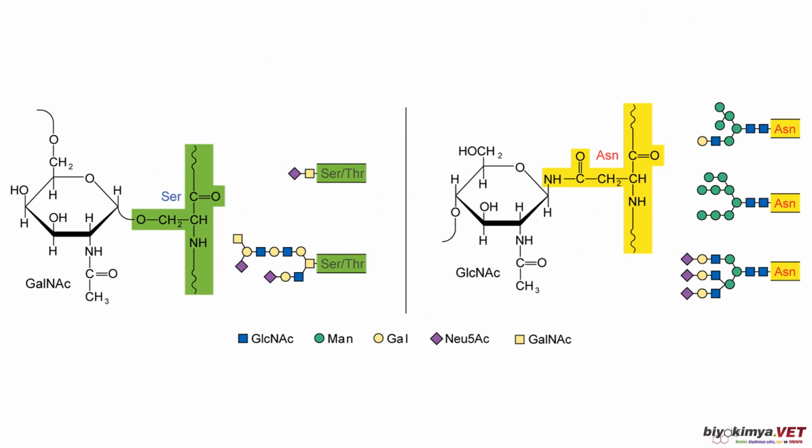Glycoproteins are branched and structurally diverse carbohydrate-protein conjugates. The carbohydrate is linked by its anomeric carbon through a glycosidic bond to the hydroxyl group of a serine or threonine residue, as seen here. Serine and threonine carry a hydroxyl group, and here, as in the serine, this is the O-linked glycosidic linkage. Or, as in here, the asparagine, another amino acid, which carries an amide group.